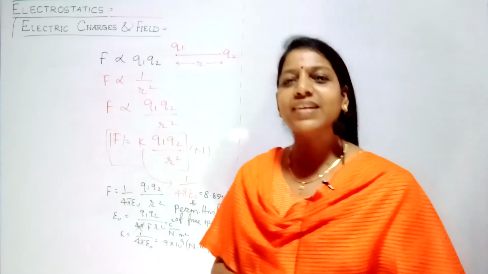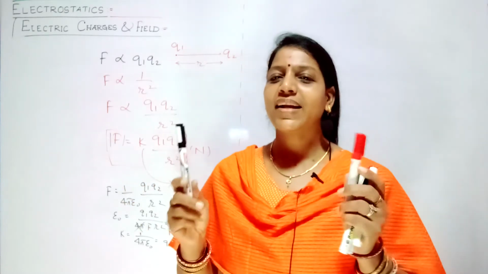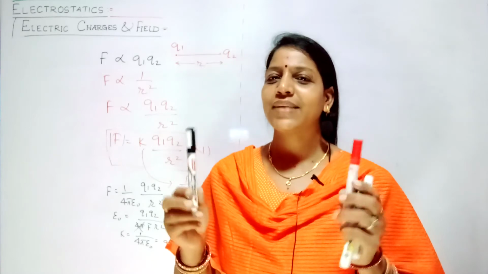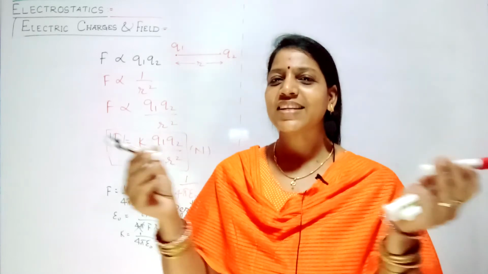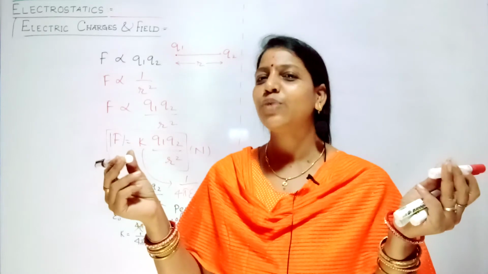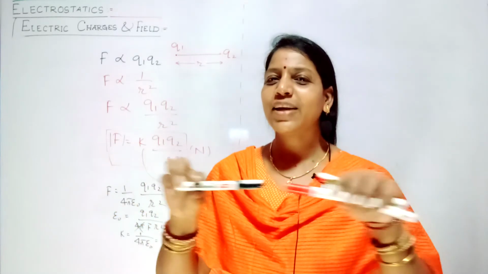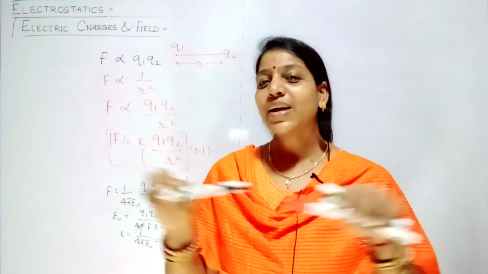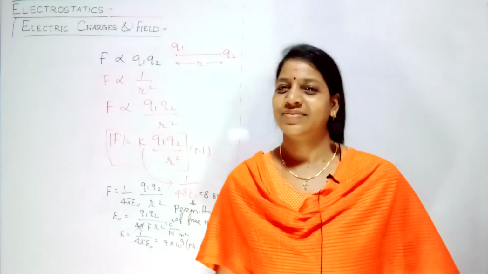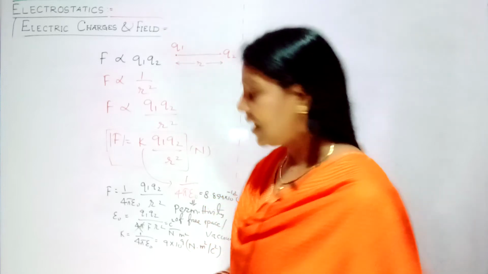Why? Because if the two charges are the same, positive or negative, they will repel each other, so the force will move away. If they are of opposite nature, then they will attract each other. So the direction is differing or not?